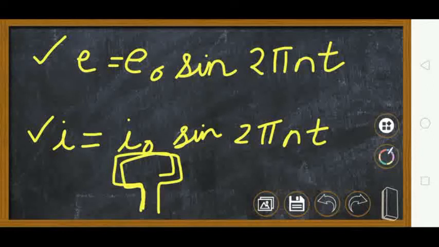Or you increase the area of cross section of the coil, which means this gap, you increase this gap. Or you increase the speed of rotation of the coil. When you are rotating the coil, increase the speed of rotation. So by doing these three things, you can increase the maximum value of E0, that is, the induced EMF can be increased.